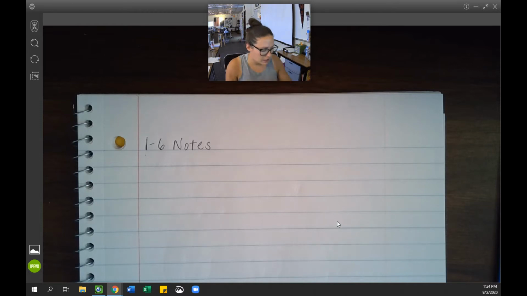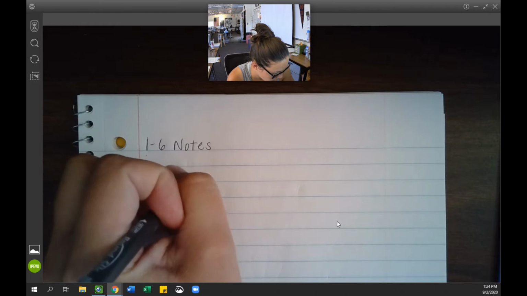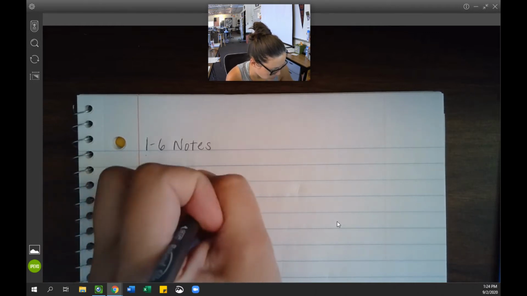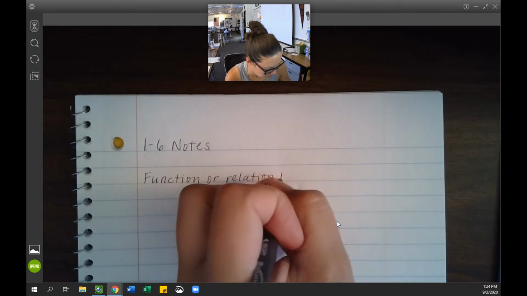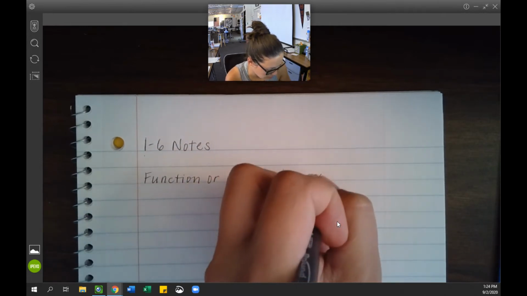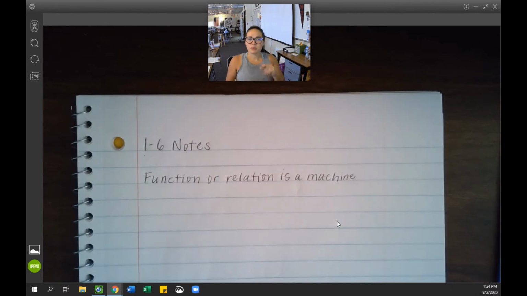A function or relation is a machine. Okay? We put things in, in most cases numbers. We do something to it, and then we get an output.